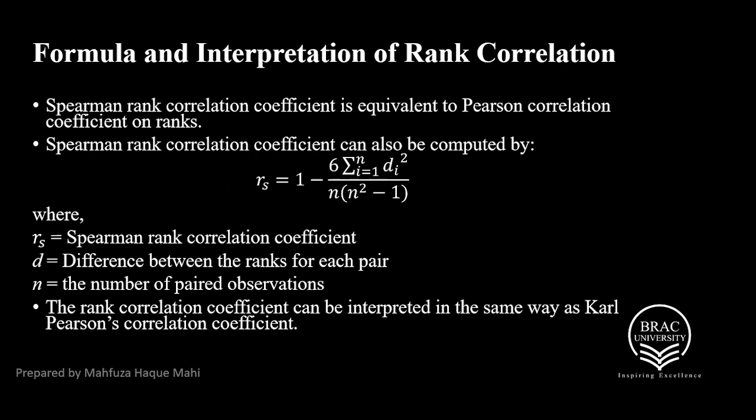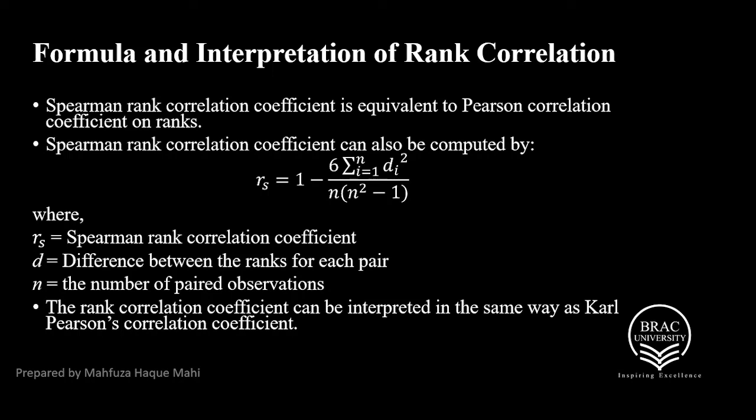Now look at the formula and interpretation of Spearman's rank correlation. Spearman rank correlation coefficient is equivalent to Pearson correlation coefficient on ranks. Spearman rank correlation coefficient can also be computed by using the following formula.